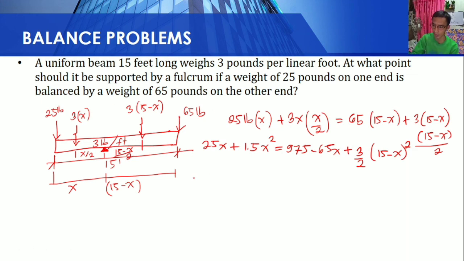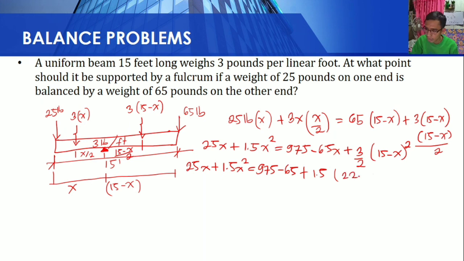So, simplify natin. 25x plus 1.5x squared is equal to 975 minus 65x. So, convert na natin sa 1.5 times 225 minus 30x plus x squared. Using FOIL method na itong 15 minus x raised to 2.